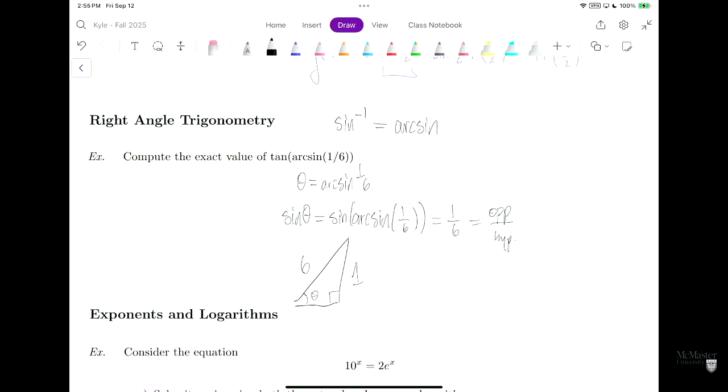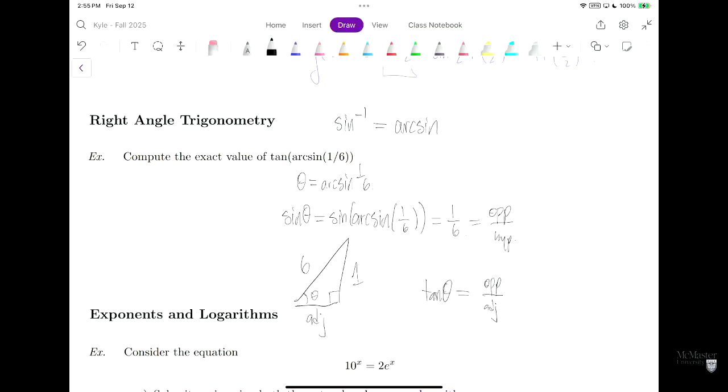Yeah, the opposite side over the adjacent side. Here this is adjacent. Tangent of our angle is our opposite over our adjacent. What is our adjacent? We need to use the Pythagorean theorem to find it.